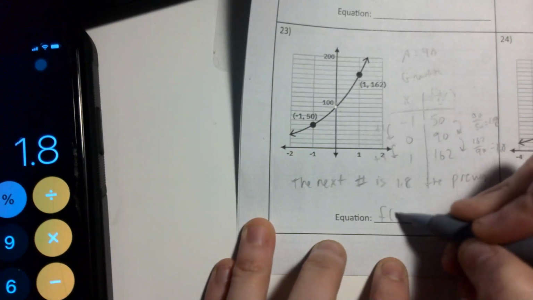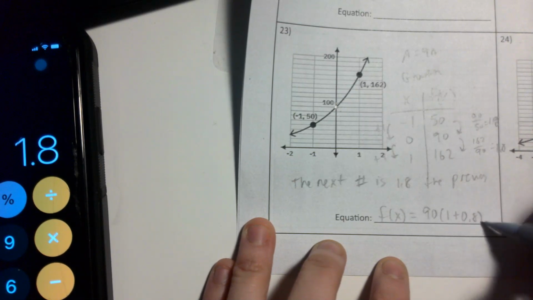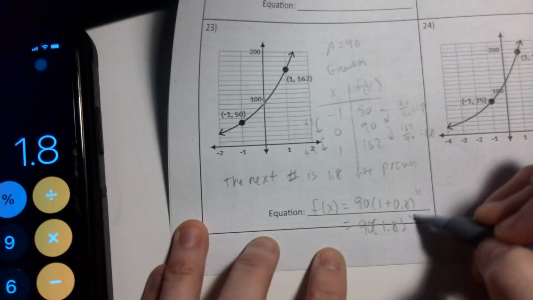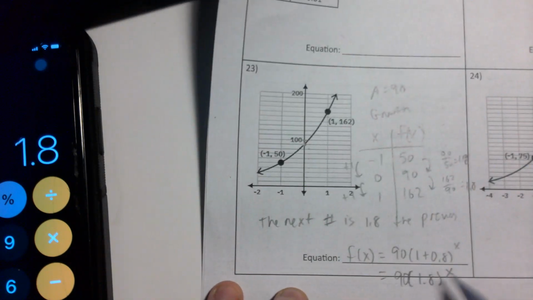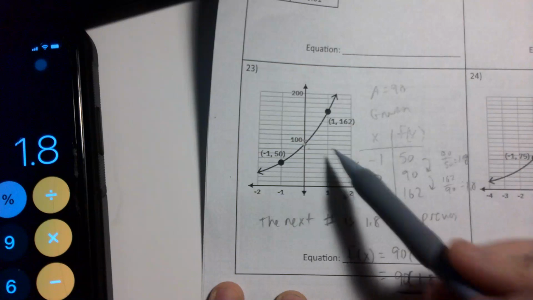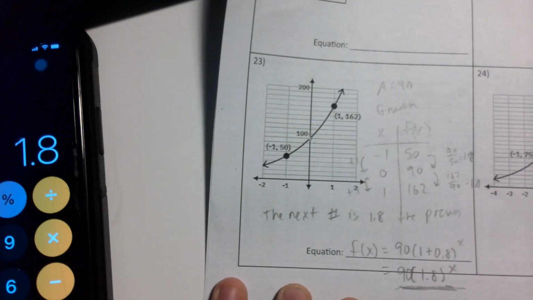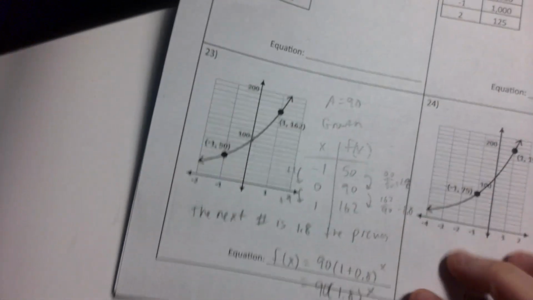So we have f of x equals 50(1 plus 0.8) to the x, or we could write that as 50(1.8) to the x. All right, so remember, you can always check, right? With your equation, you can check as many points as you want, and if you find one point that doesn't work, then you know that you did it wrong. So make sure you're double checking with the points to see if your equation is right.